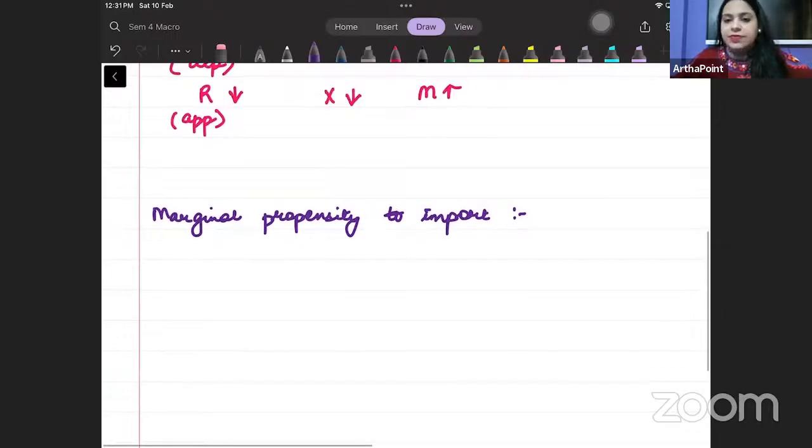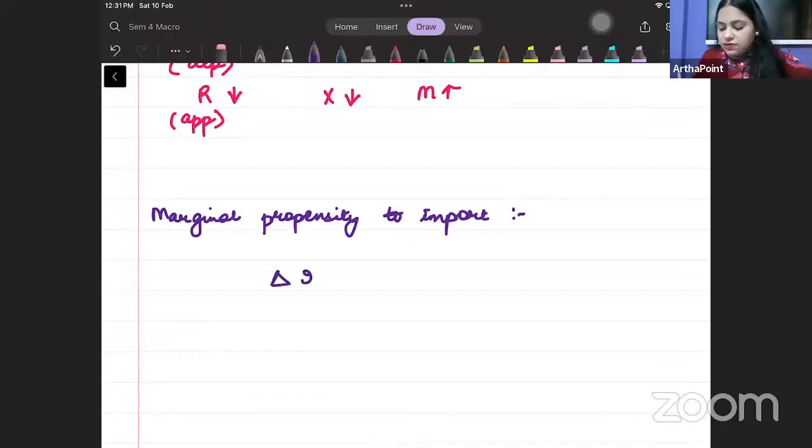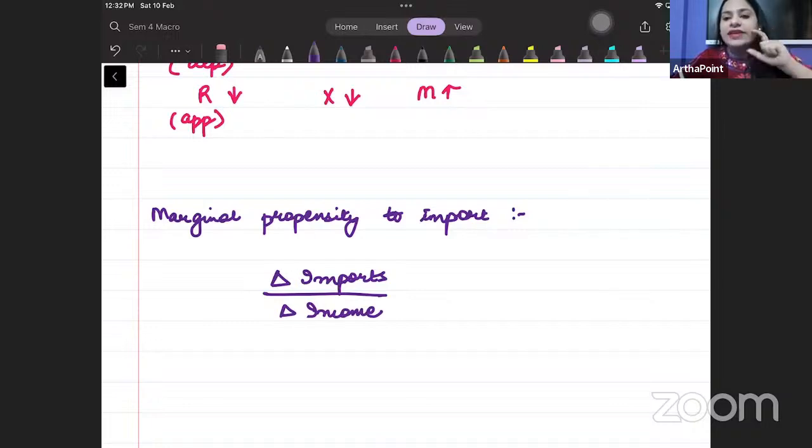Try to understand this carefully. Marginal propensity to consume was telling me how consumption changes when income changes. So marginal propensity to import tells me how imports change when income changes. How will imports change when income changes? That is called marginal propensity to import.